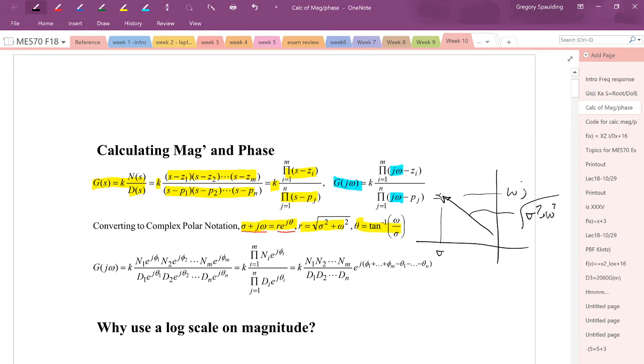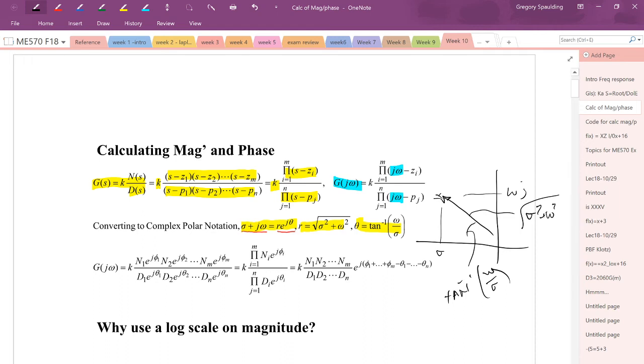That's just the Pythagorean theorem. And then our angle in here is going to be the arctangent of omega divided by sigma. Okay, so there's nothing really too surprising in there. It's just defining vectors in terms of our geometry. And so we've got these.